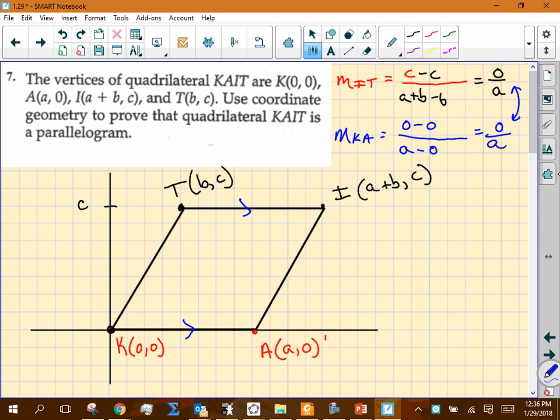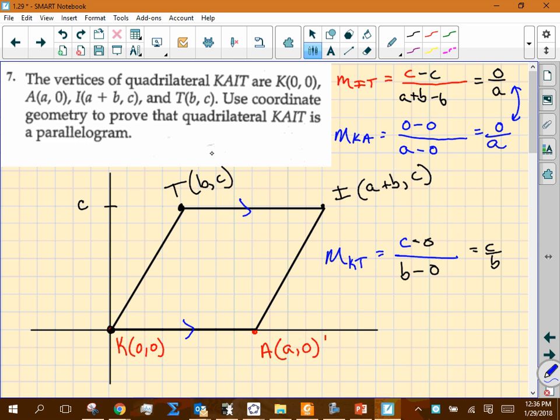All right? Now let's do these slopes. Let's do KT first. Slope of KT. So I'm going to take my y values, subtract those. So c minus 0. And then on the bottom my x values, b minus 0. So that just gives me c over b, right? So the slope is c over b. What's nice about that, think about this.